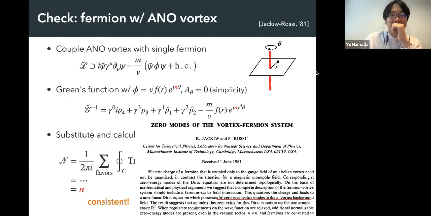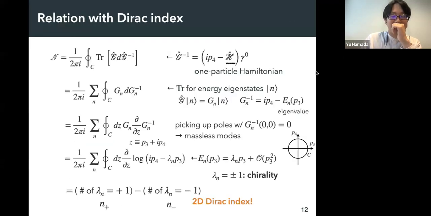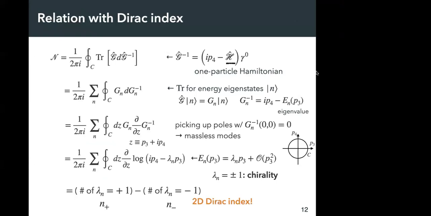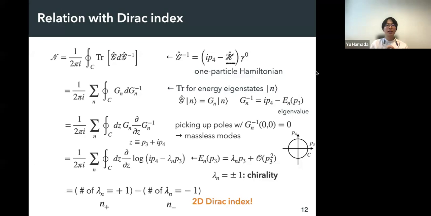That's a very good point. To be honest, I only know about the simple cases, but in simple cases, I think this corresponds to the anomaly inflow.